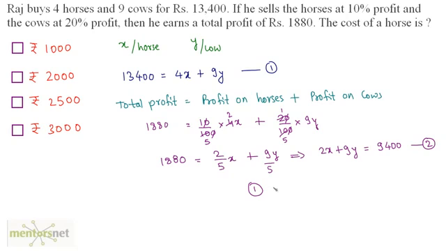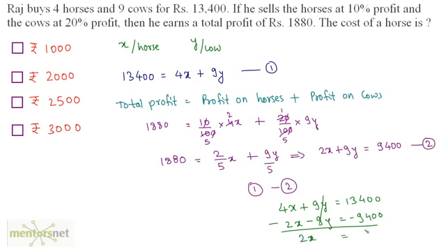So equation 1 minus equation 2, we can get rid of y and get the answer for x. So 9y and 9y get cancelled out. 4x minus 2x is 2x, equal to 4,000. So x is equal to 4,000 by 2, and that is 2,000. The cost of each horse is 2,000 rupees.